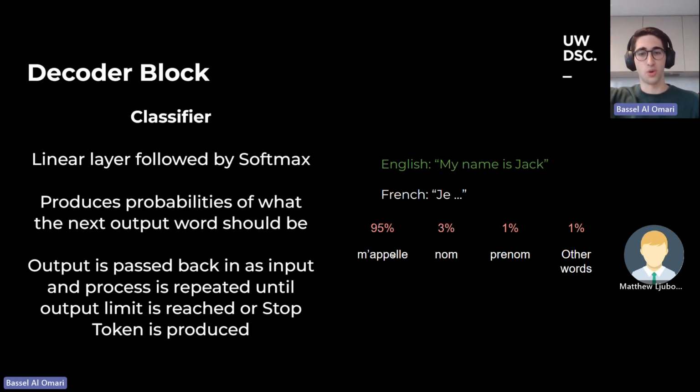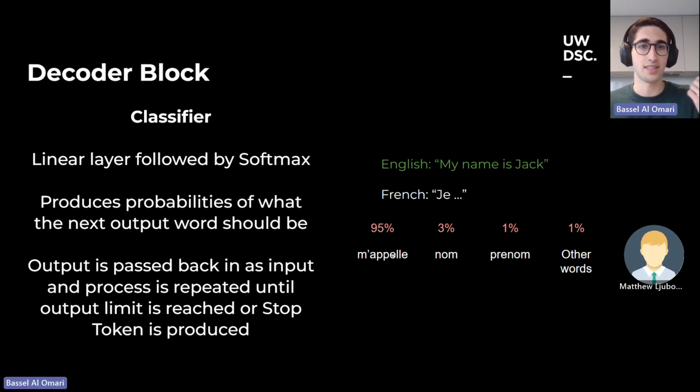It's a whole sequential process. So, for example, in this example here, to output the word m'appelle, you need to have already outputted the word je, process the word je with the input, and then use that to output the word m'appelle. And then you take je and m'appelle, you pass it back in, process it in order to output the word after that, which is Jack, and so on and so forth.